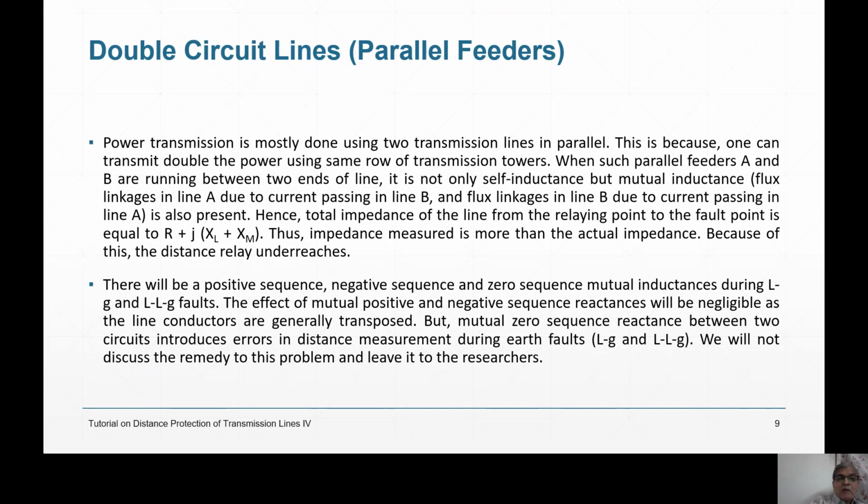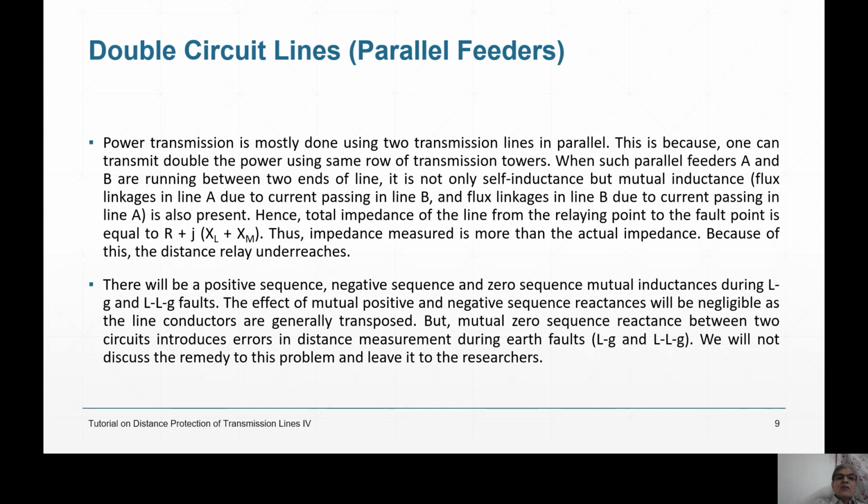My problem as far as distance protection is concerned is this, that we say that the relay measures impedance from relaying point to fault point. But we are talking about self-impedance, self-reactance, self-inductance, right?